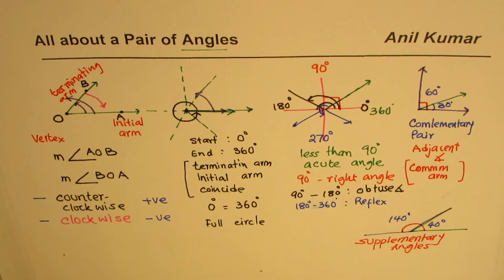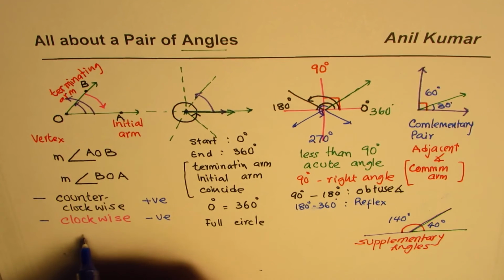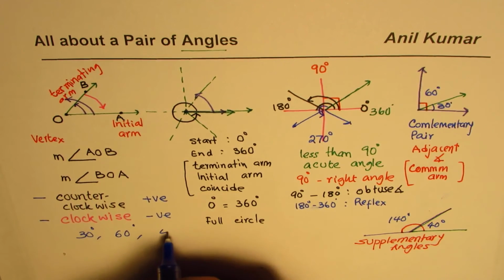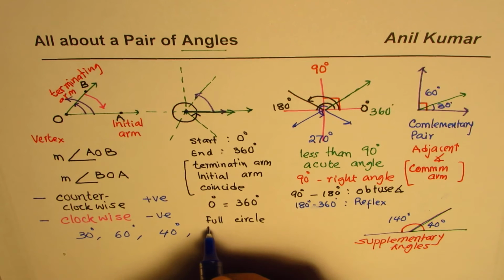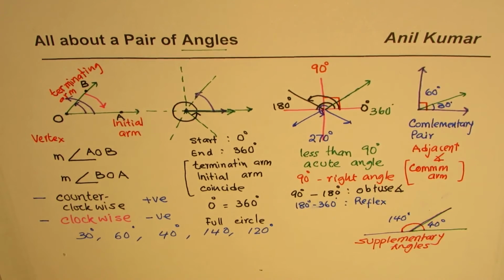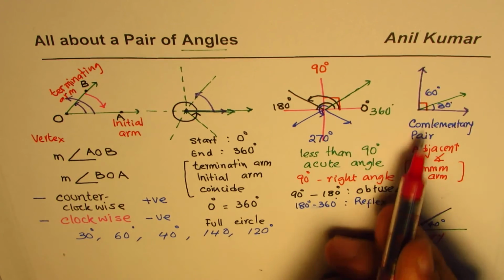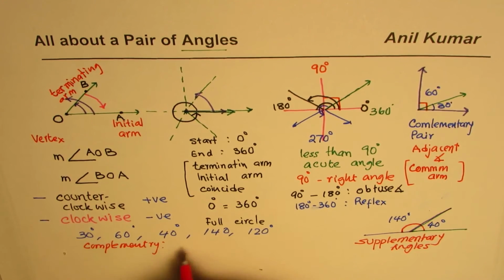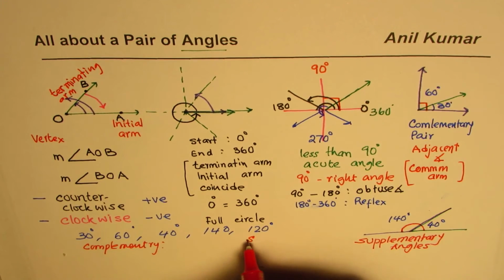Now, based on this, let me ask you a few questions. If I have a set of angles as 30 degrees, 60 degrees, 40 degrees, 140 degrees, and 120 degrees, what combinations can be used for complementary angles, and what combinations can be used for supplementary angles?